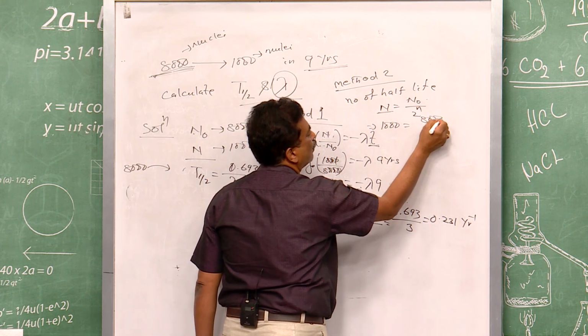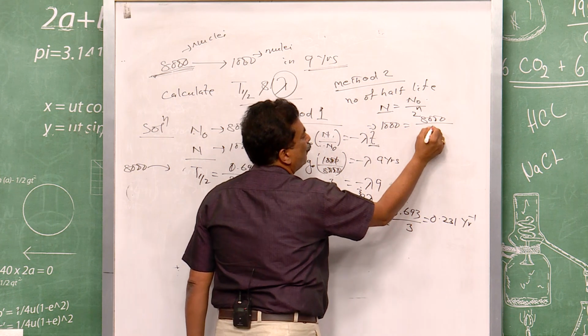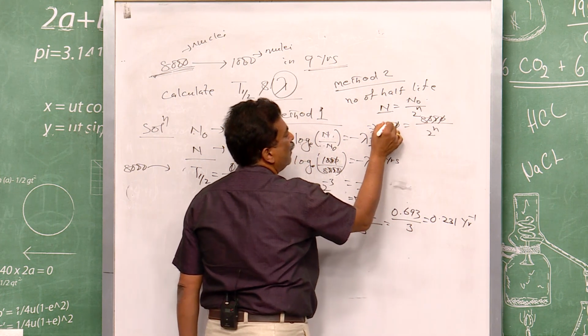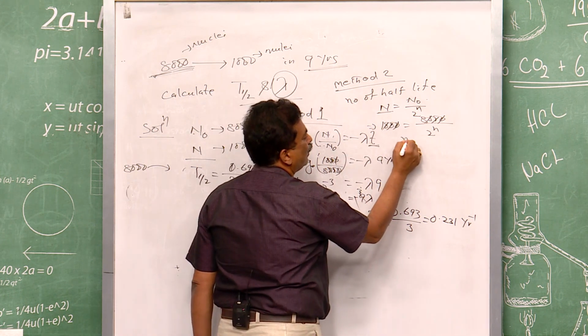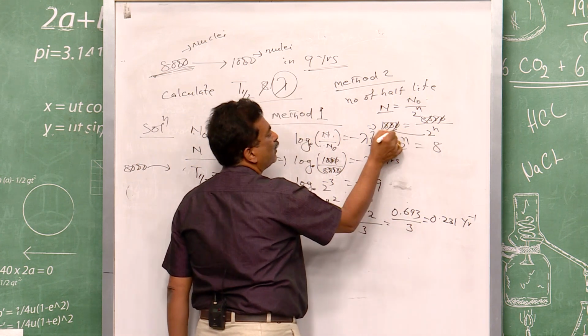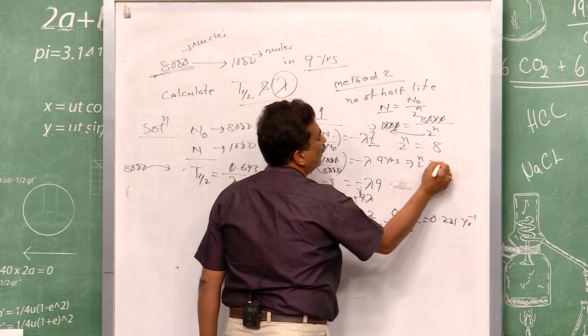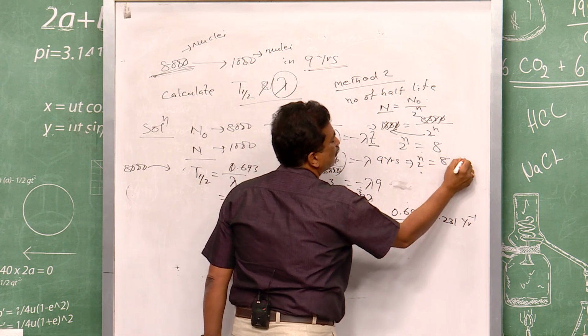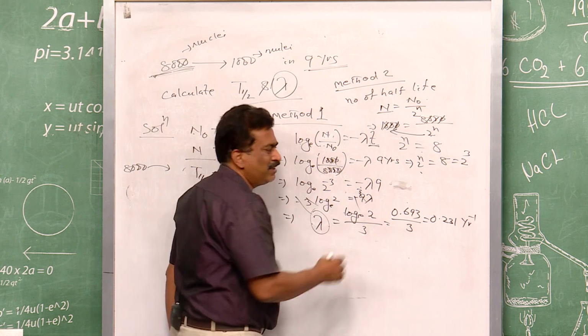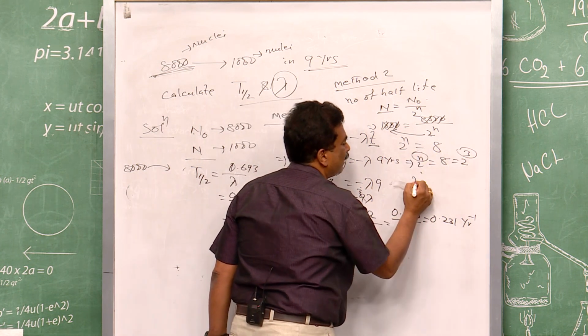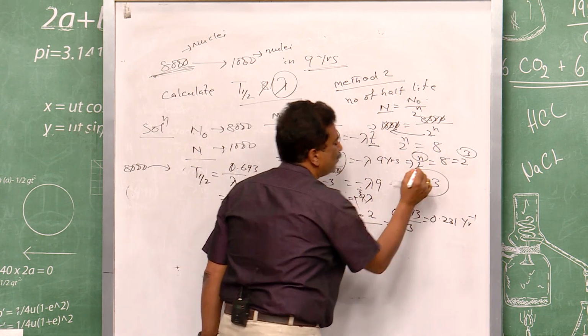N0 is the original number, that is 8000, by 2 to the power of n. These cancel. So 2 to the power of n is equal to 8. If 2 to the power of n is 8, that is equal to 2 to the power of 3. Then n is equal to 3.